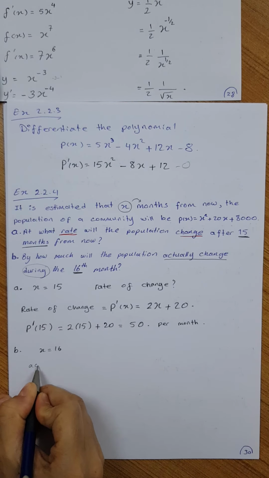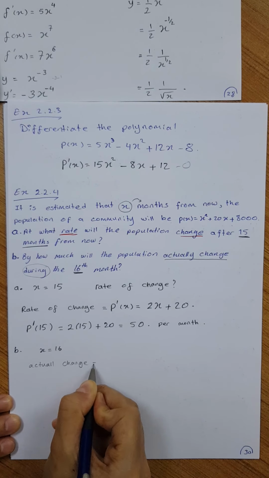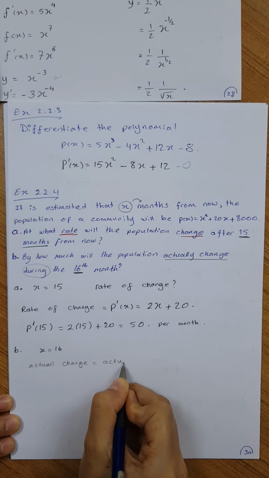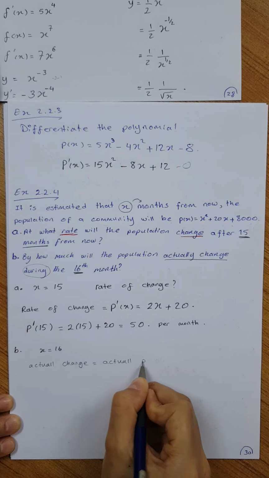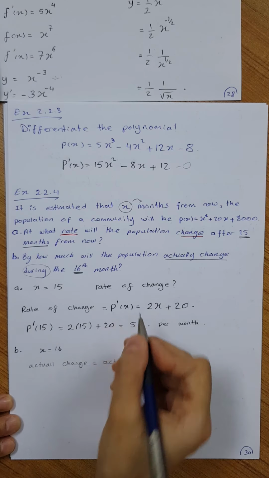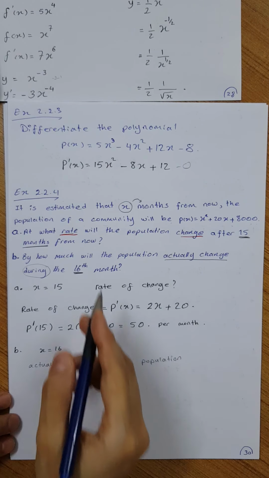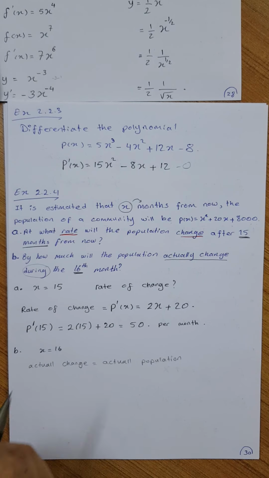Okay, actual change is the number of actual population. Here we said rate of change is the derivative of the population, but actual change is the actual population. It's required from you to find the actual number of population increase or decrease during that month.